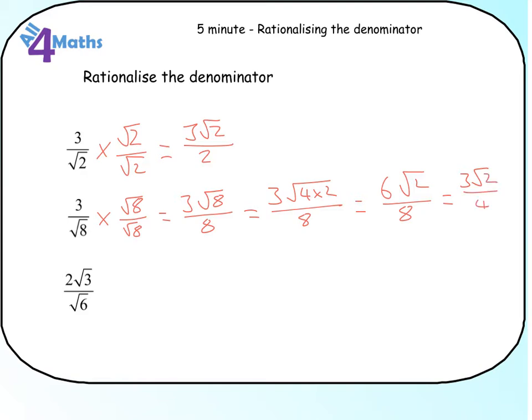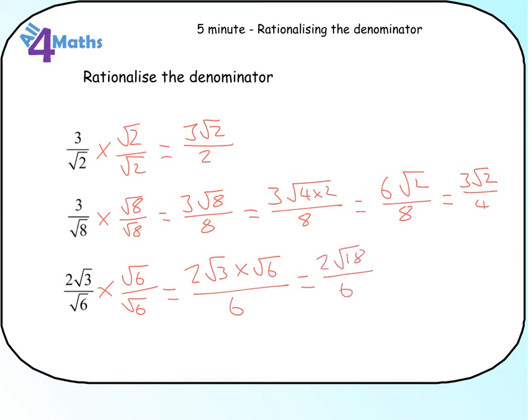The last one, similar sort of idea. I'm going to multiply this by root 6 over root 6. So that then becomes 2 root 3 times root 6 over 6. 2 root 3 times root 6 is just 2 root 18 over 6.